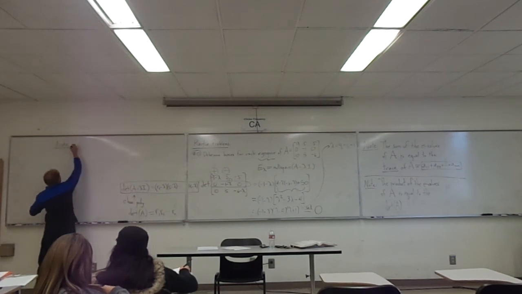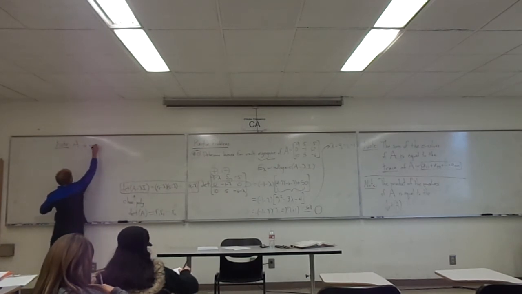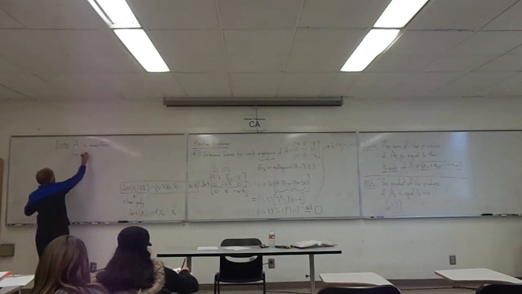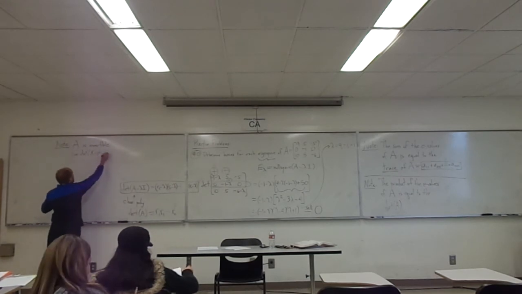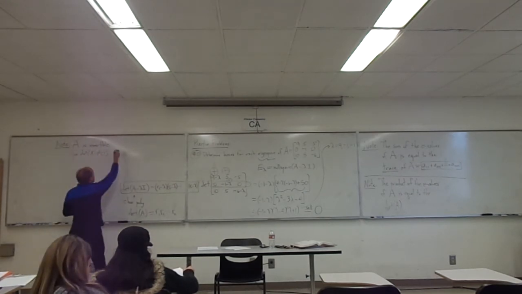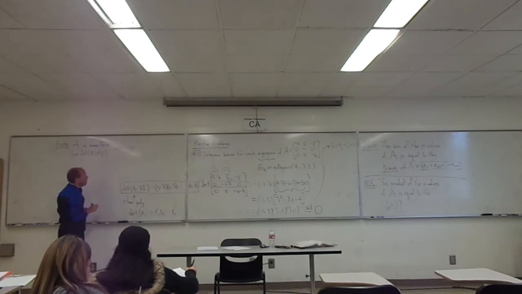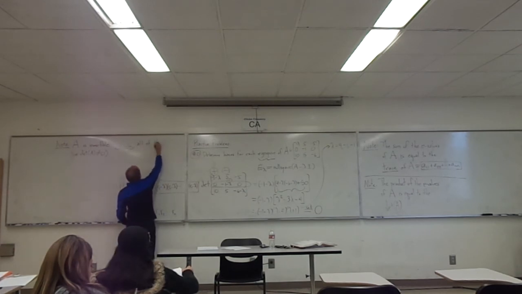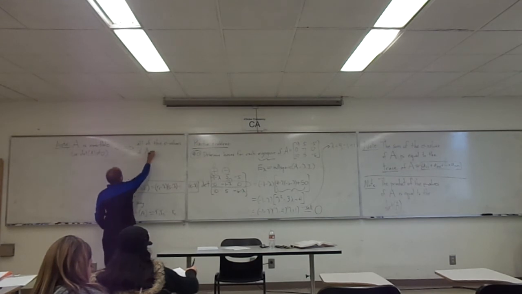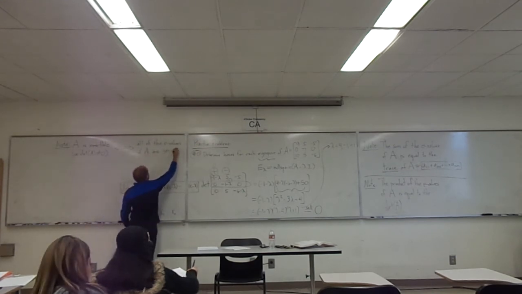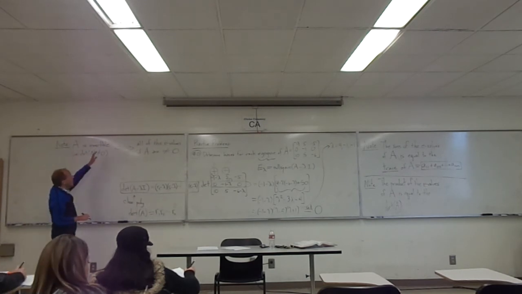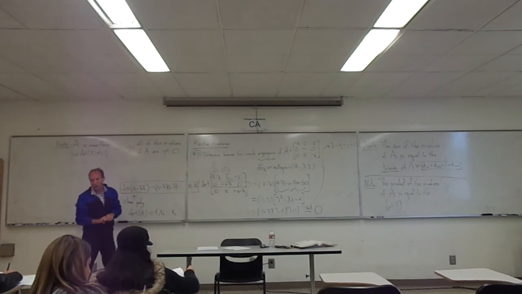Yet another note is that A is invertible, i.e., the determinant of A is not 0, if and only if all of the eigenvalues of A are not 0. So an invertible matrix has all of its eigenvalues being non-zero.